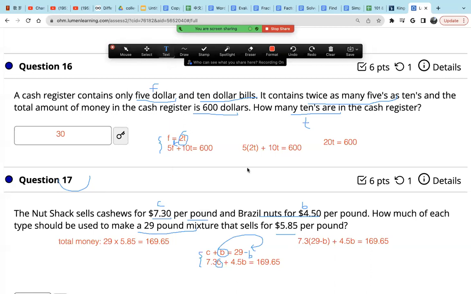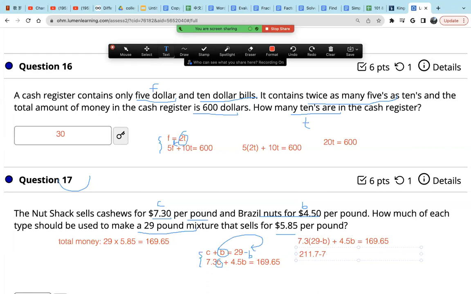Now we just have to multiply 7.3 with 29. 7.3 times 29 gives us 211.7.